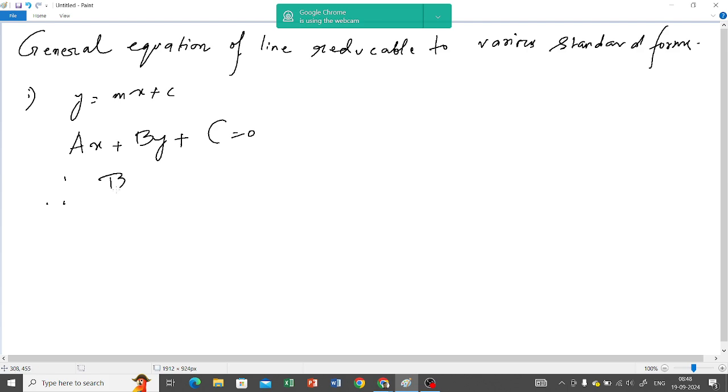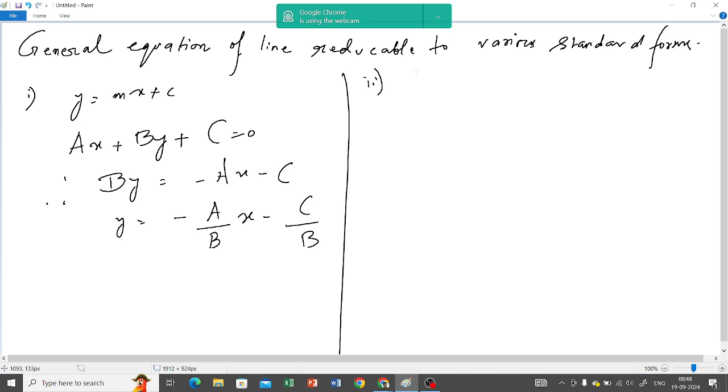Just make y the subject. By equals minus ax minus c, so y equals minus a by b x minus c by b. So this is the y equals mx plus c form.